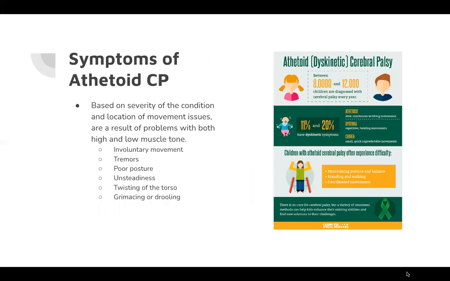Symptoms of athetoid CP are based on the severity of the condition and location, and include problems with both high and low muscle tone, involuntary movement, tremor, poor posture, unsteadiness, twisting of the torso, and grimacing or drooling.